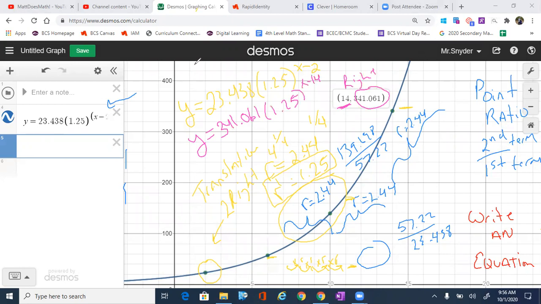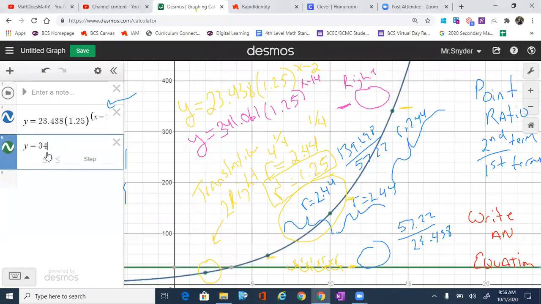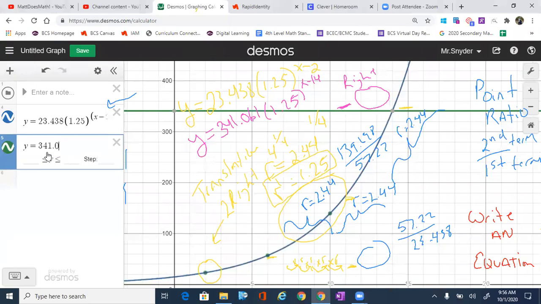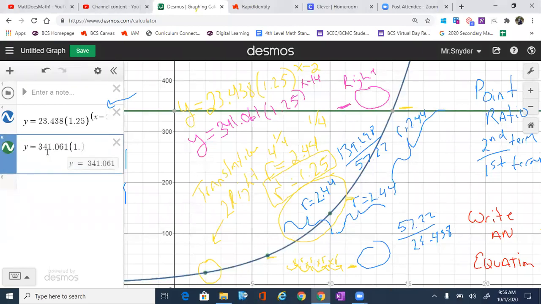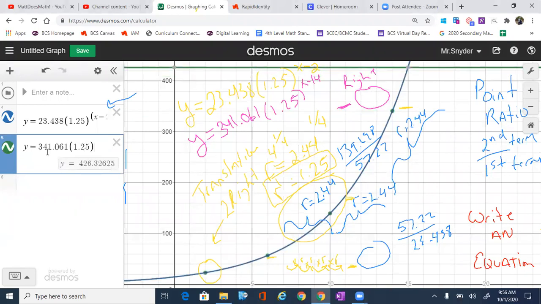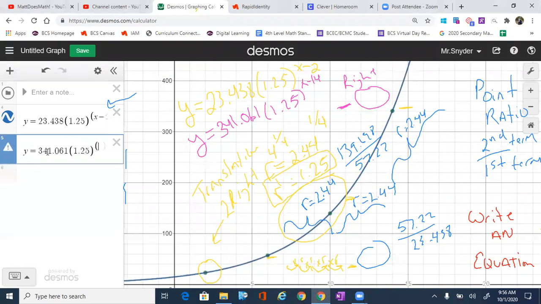Let's check that out. Y equals 341.061 times 1.25, and I'm putting in parentheses this time, x moved to the right, minus 14. Check it out, that glows.